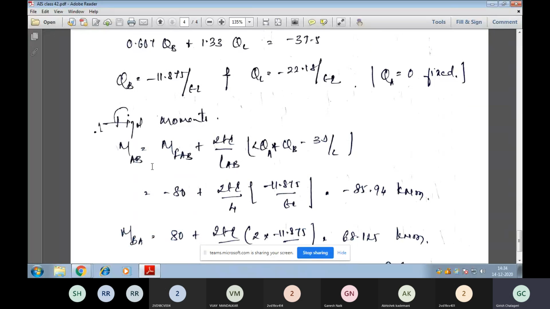MAB equals MFAB plus 2EI by LAB, bracket of 2 theta A plus theta B minus 3 delta by L. Since the supports are rigid, there is no chance of settling in the supports. That's why delta becomes 0 directly, and we are left with the other two variables, theta A and theta B. Theta A is 0 as it is fixed, and we get theta B.